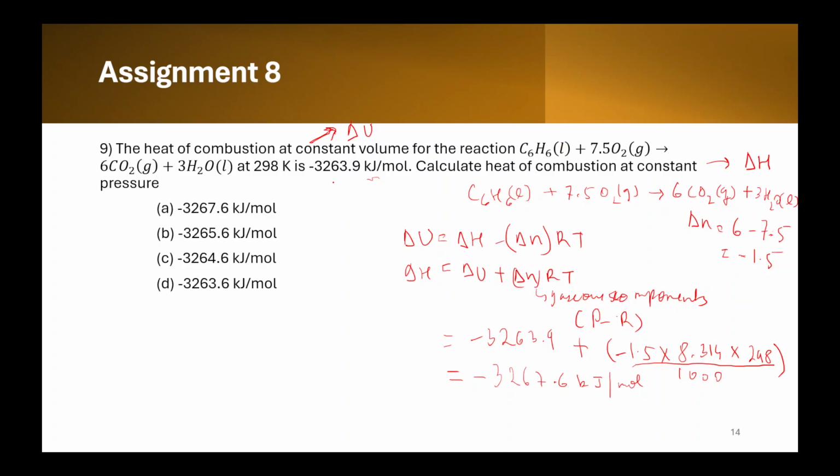So this can be in kilojoule as well. The value will remain the same for 1 mole, and this will be 3267.6 kilojoule only. So the correct answer here is A part.